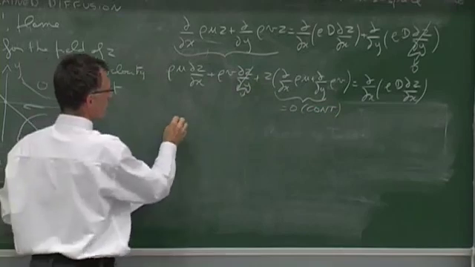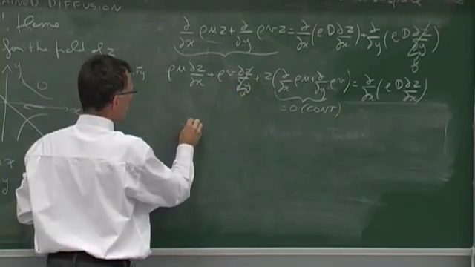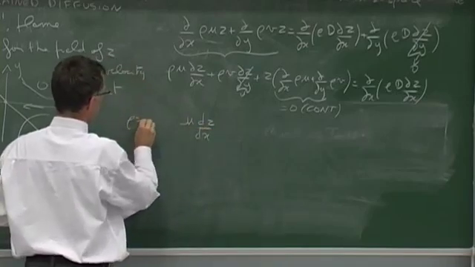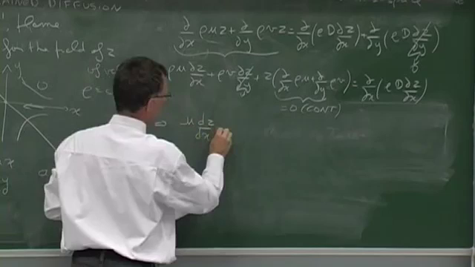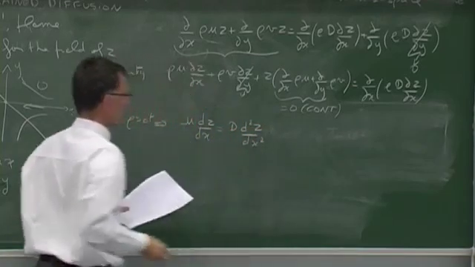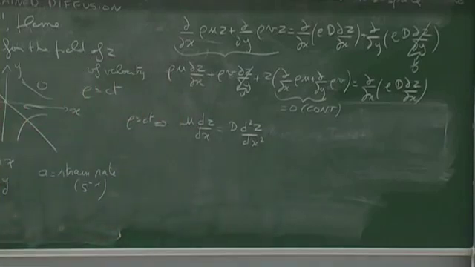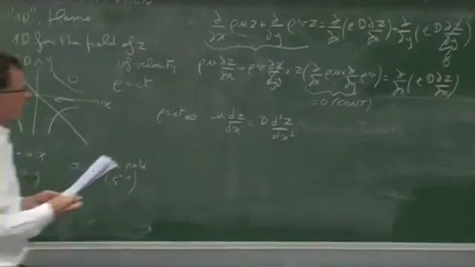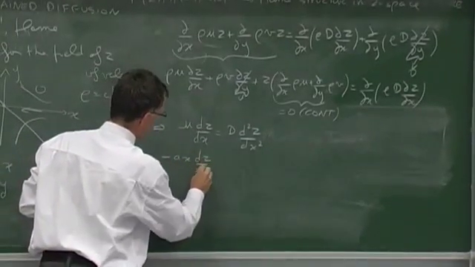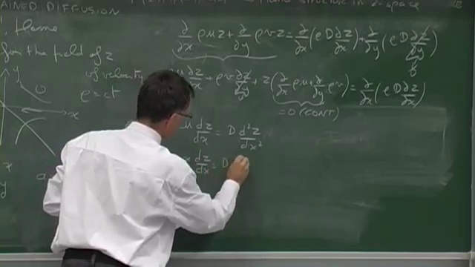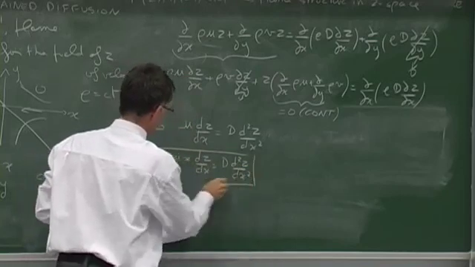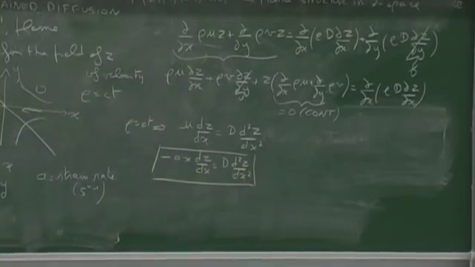So you are left with a very simple equation, which is U dZ/dx, if you assume density to be constant, equal D d2Z/dx2, and in this case U is equal to minus ax. Just have to solve that.